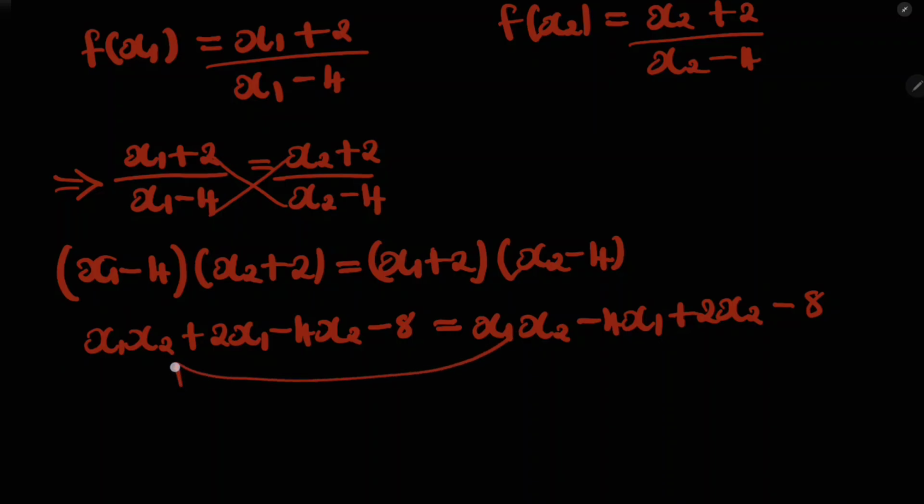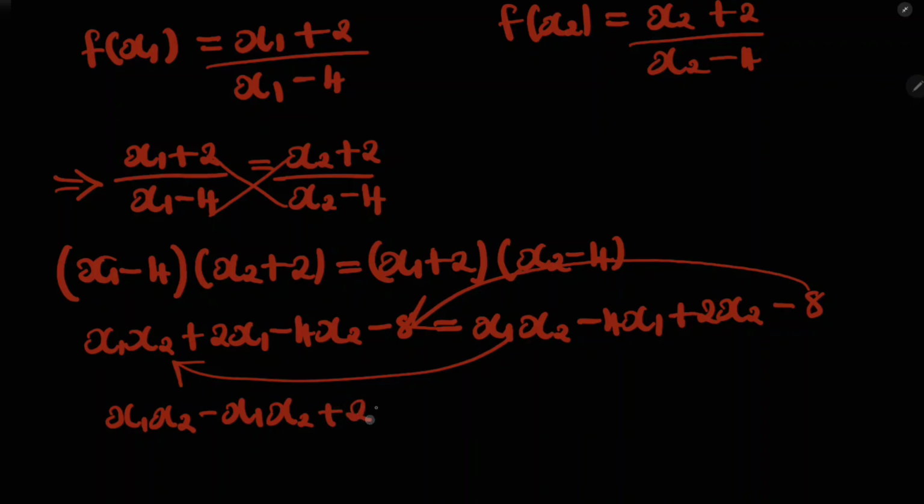If we cross this over, and we also have minus 8 and minus 8, so we also cross it over, we are going to have x1x2 minus x1x2, plus 2x1 minus 4x2 equal to minus 4x1 plus 2x2. Oh, sorry, I omitted the 8 here.